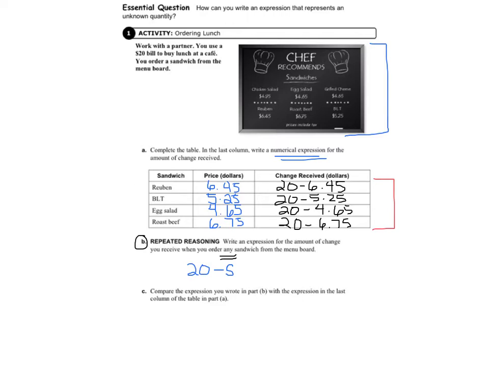So we're going to compare the expression we wrote in part B with the expression in the last column of the table in part A. And that's pretty easy to do with where we got everything from.